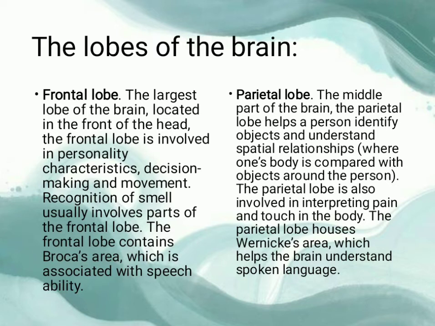The parietal lobe houses Wernicke's area, which helps the brain understand spoken language. The parietal lobe processes sensory information it receives from the outside world, mainly relating to interpreting pain and touch.